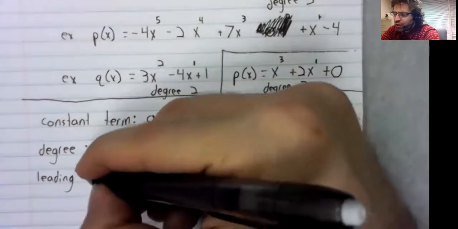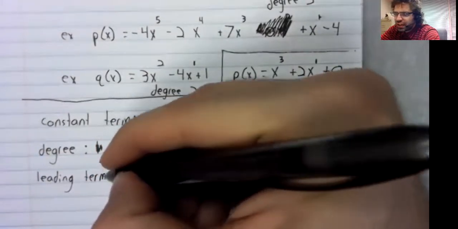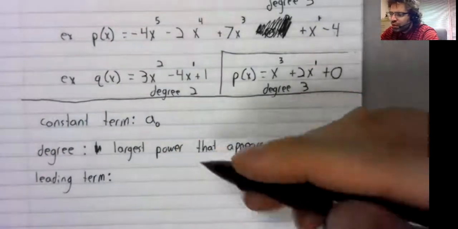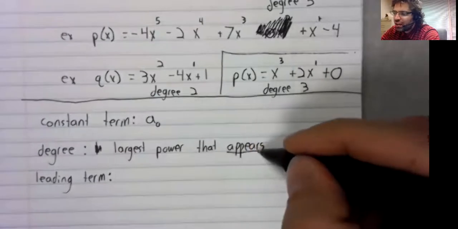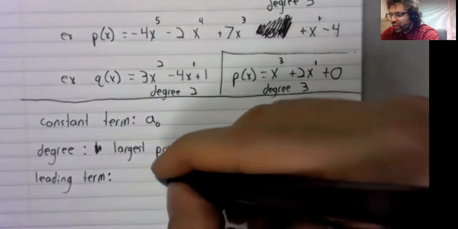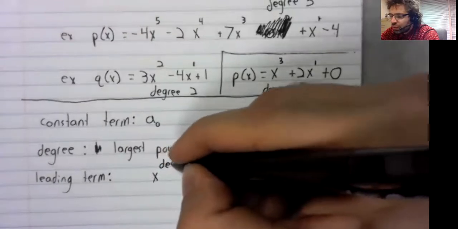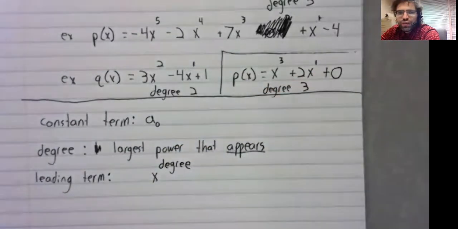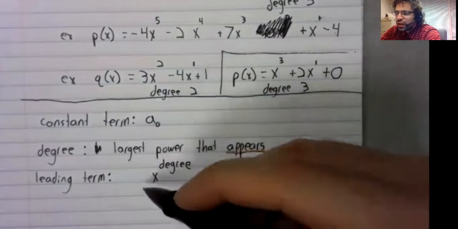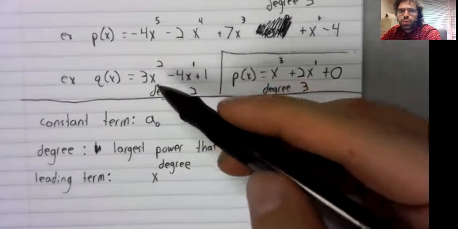And now we'll define the leading term. So the degree is the largest power that appears, meaning the degree appears somewhere in the polynomial. We have x raised to the degree. And in front of this, we might have a number.